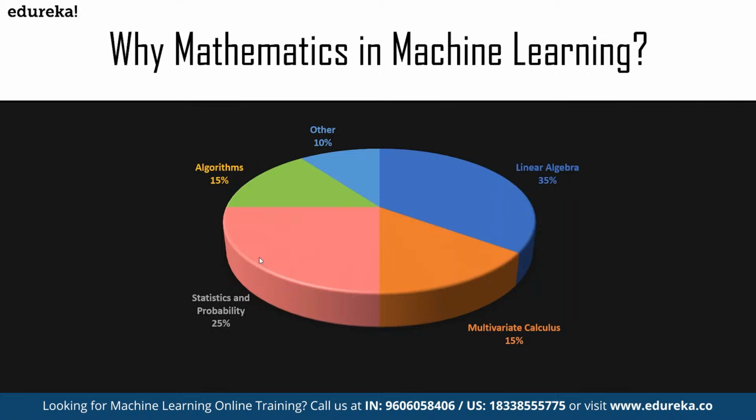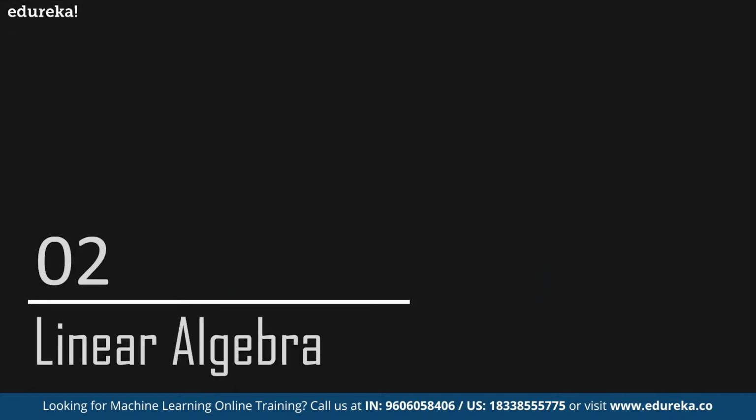All right. In terms of the entire distribution for the mathematics, as you've seen how exactly the entire weight is defined, let's get started on learning the components of linear algebra. Linear algebra is the most important component for any ML solutions.